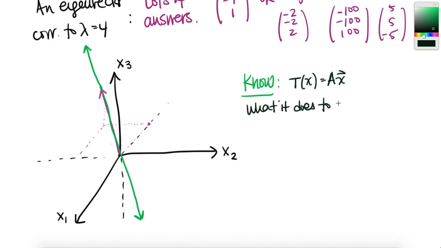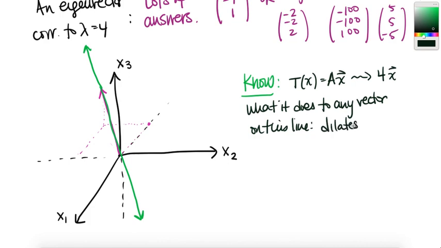What it does to any vector on this line, well, it takes it to 4 times that same vector, which is just taking that vector and multiplying the length by 4. So it dilates or lengthens that vector by a factor of 4.